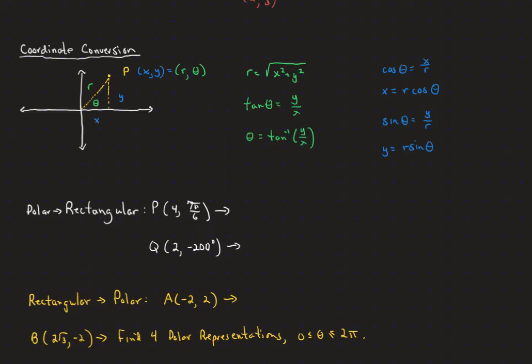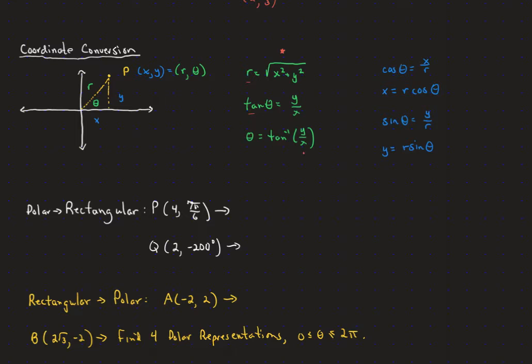So if we knew the x and y, then we could find r by just using the Pythagorean theorem and getting the square root of x squared plus y squared. If we knew the x and the y and we needed to know theta, we could use our relationship: tangent theta is opposite over adjacent, and then take the inverse tangent of y over x.